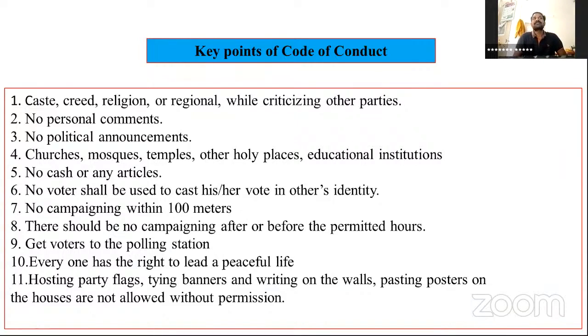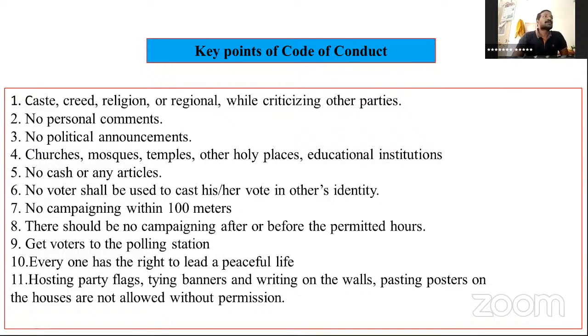No campaigning within 100 meters on the polling day. This is very important. Why am I saying that? Recommendations we have read out already: canvassing and campaigning should be stopped 48 hours before the election.